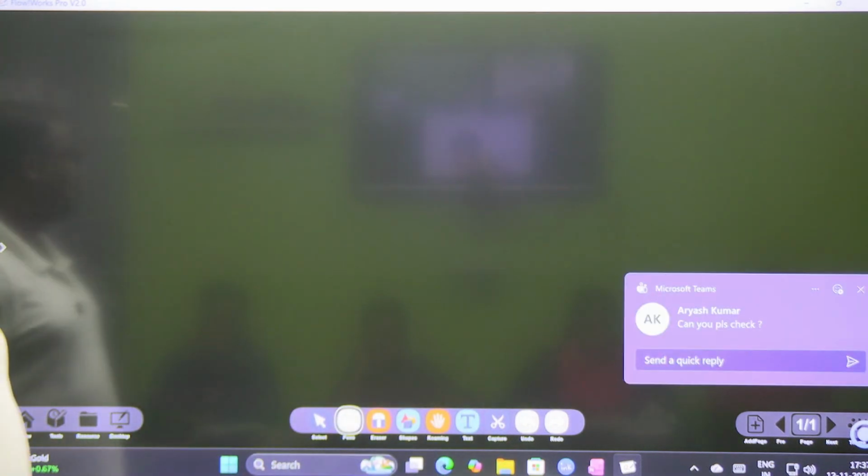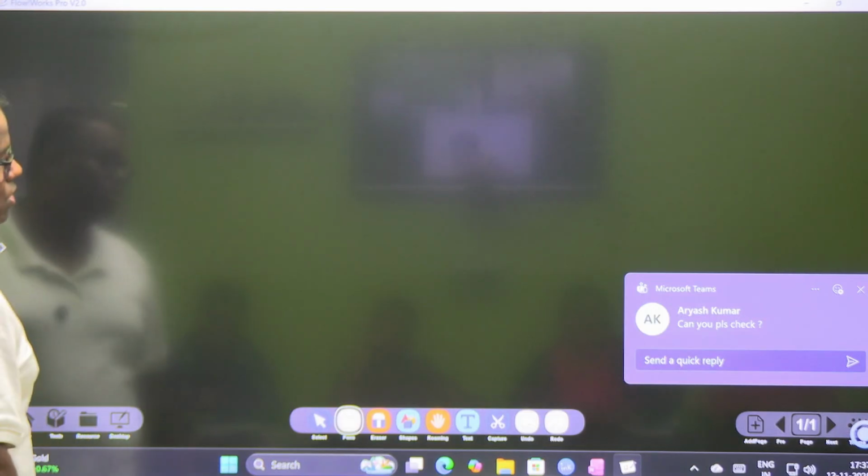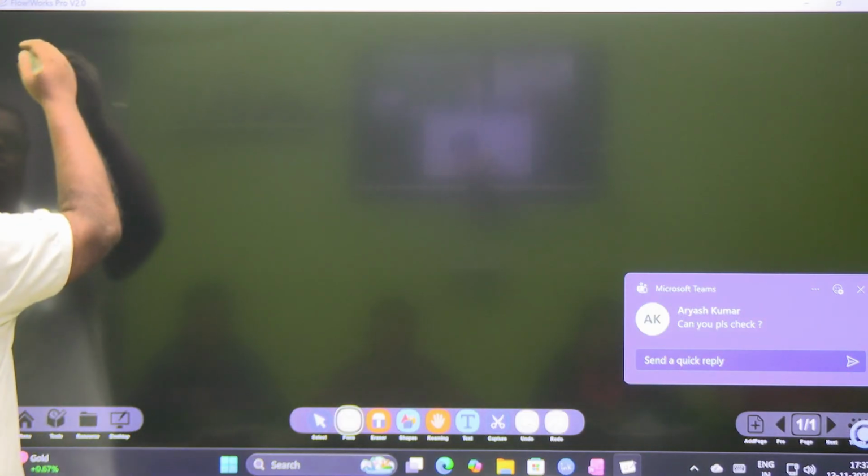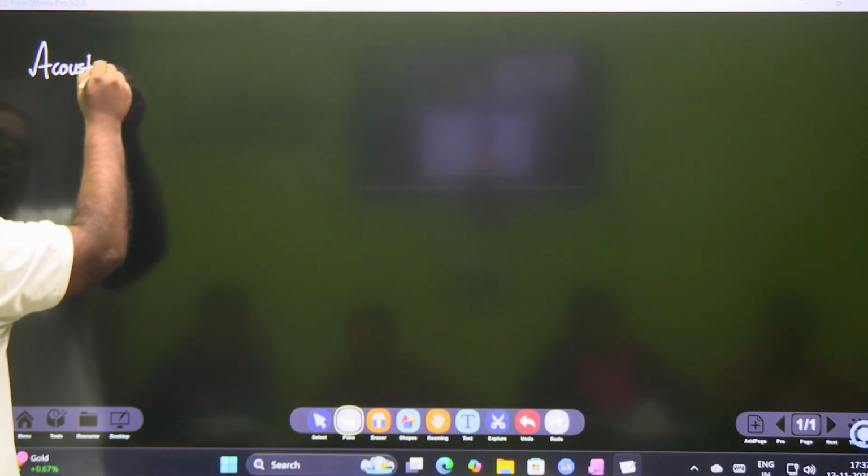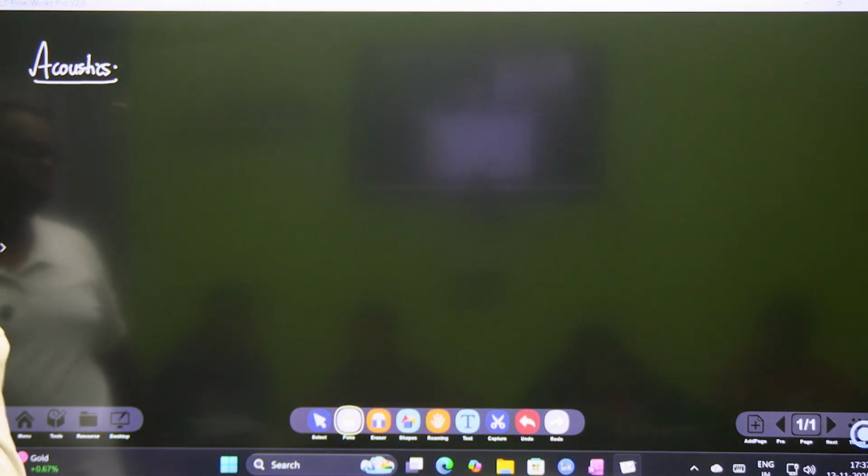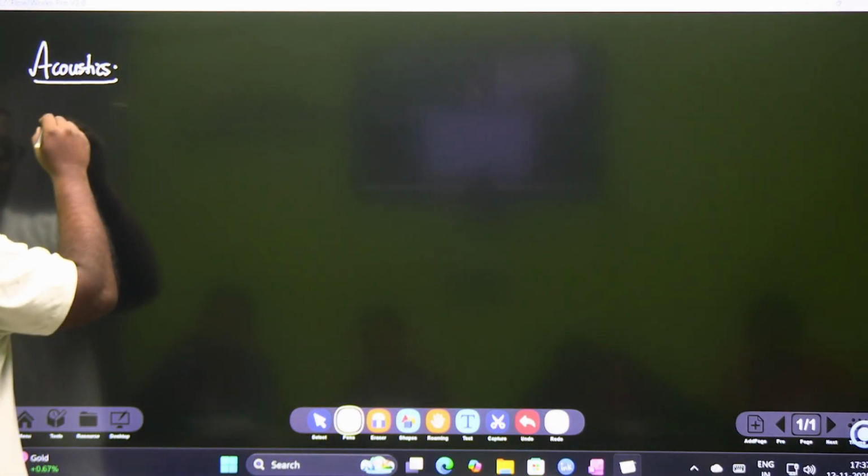Okay, the study of sound is also known as acoustics. So later on, when you will be studying sound, you will study it as acoustics. Today, we would be spending some time to understand some aspects about vibratory motion.